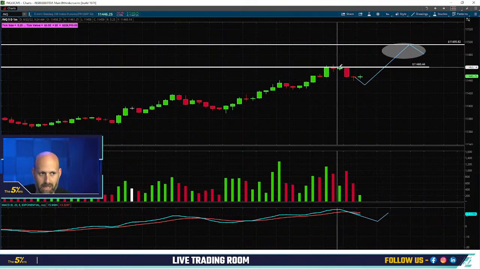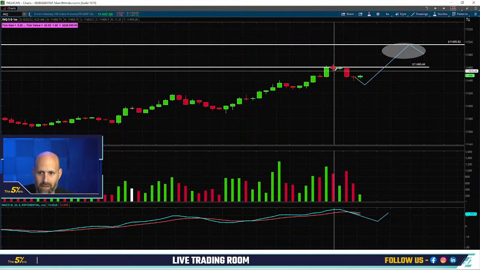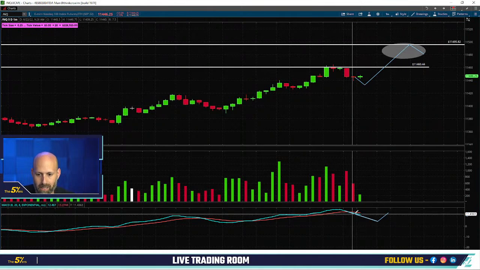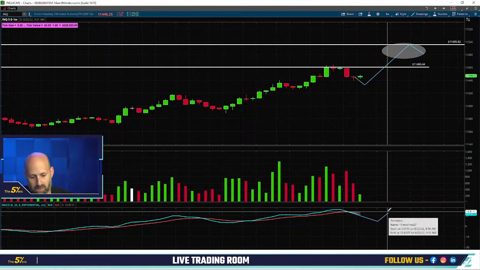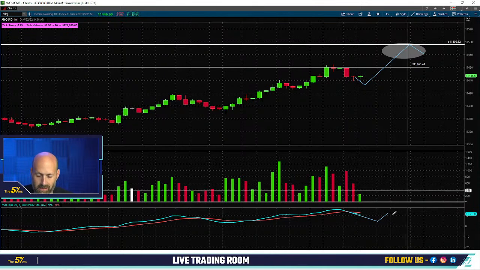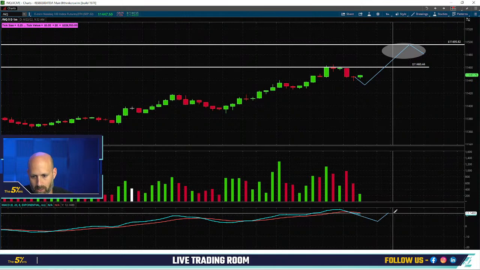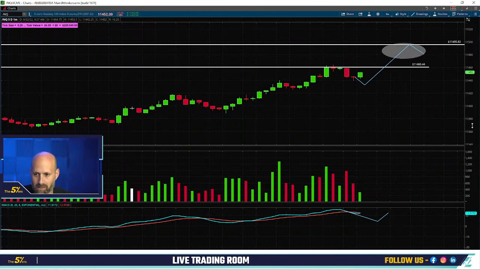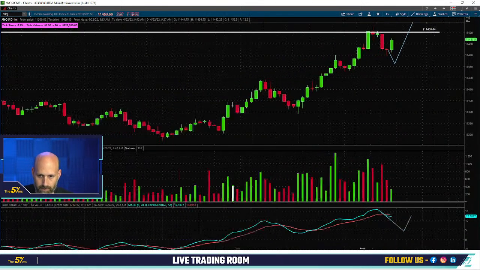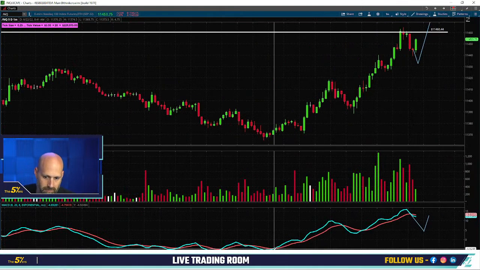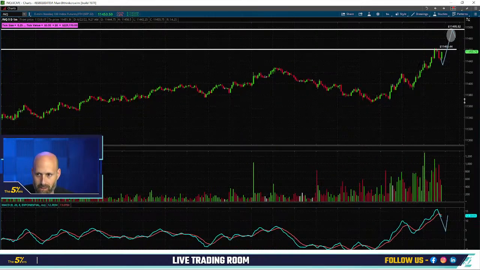So in the price of the Nasdaq you will see higher highs, but in the MACD you will see lower highs. Lower highs in the MACD, higher highs in the price itself, if it will be in this area.